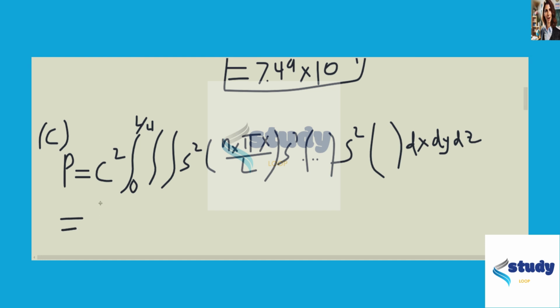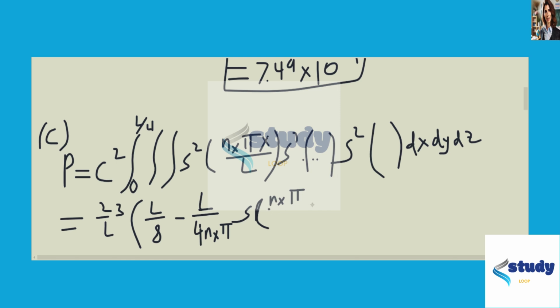Replacing the c with what we were given before, we have 2 over L to the third times L over 8, minus L over 4 pi, times the sine of nx pi over 2, where nx, ny, and nz are equal to 2, 1, 1 accordingly.